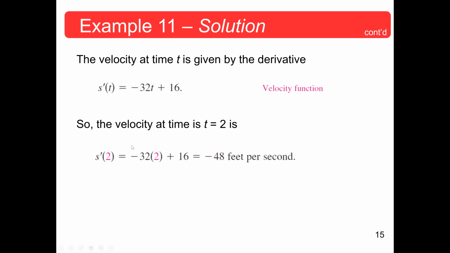So the velocity at time t equal to 2 is given by the derivative. With the position function, if we are looking for velocity, we find the derivative of the position function, then substitute the t value. That gives us negative 48 feet per second.